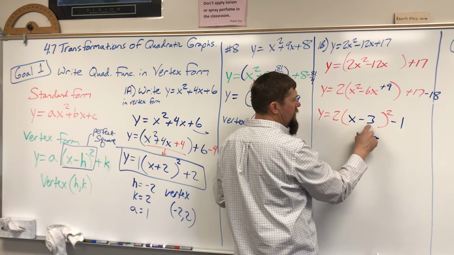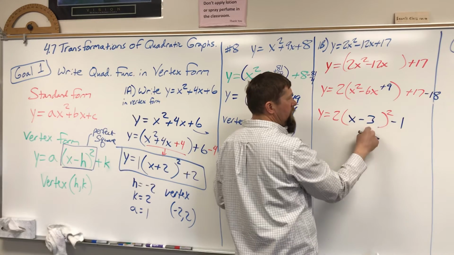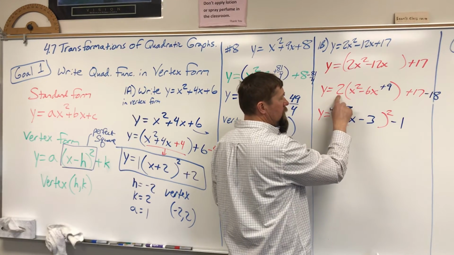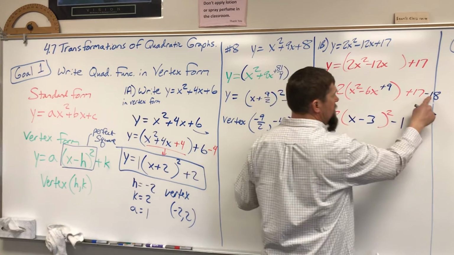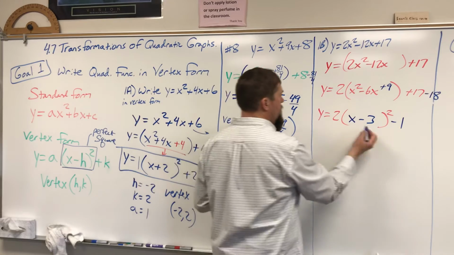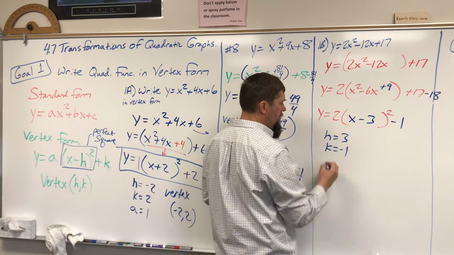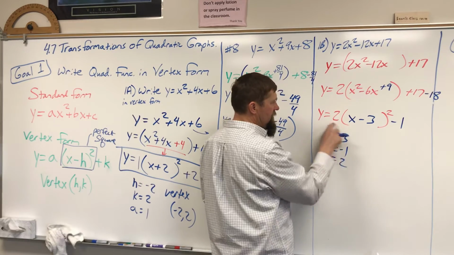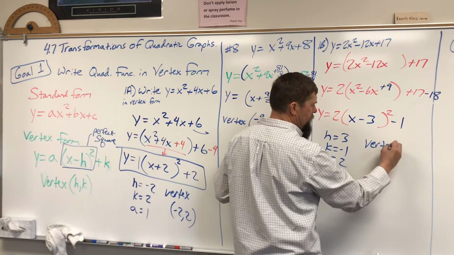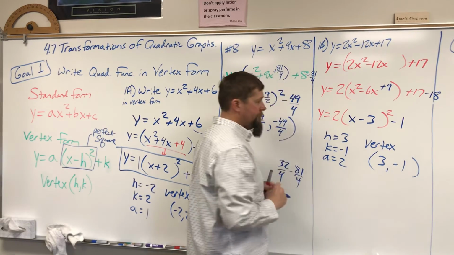To square -3, I had to add 9 to make these equal. I really added 9 times 2, which is 18, so I had to subtract 18 on the outside. Here, my h is 3, my k is -1, and my a is the 2. My vertex is (3, -1).